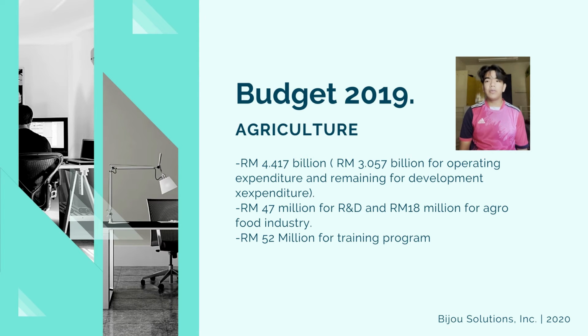For research and development, 47 million was spent, and 80 million of it was for the agro-food industry. And lastly, 52 million was for training programs, which are youth programs and anything related to it.